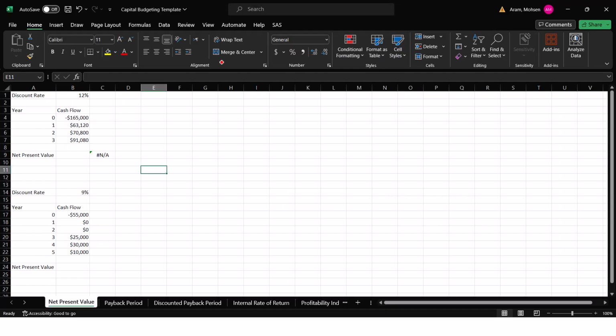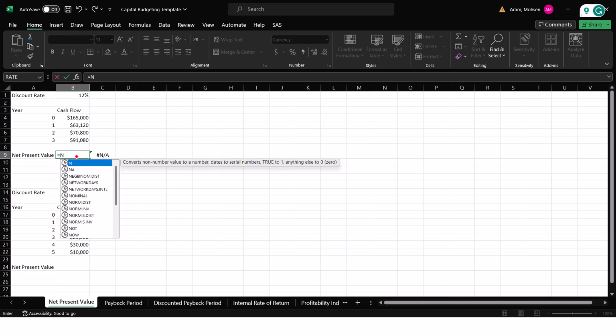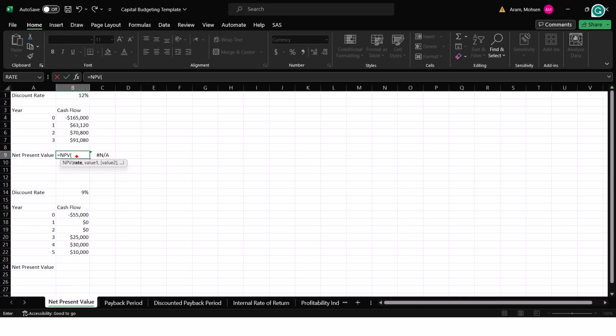Now let's look at the Excel spreadsheet. For Excel, it's a little bit different. When we use the NPV function, it's asking for the rate, which is 12%, and then the values or the cash flows of the project.